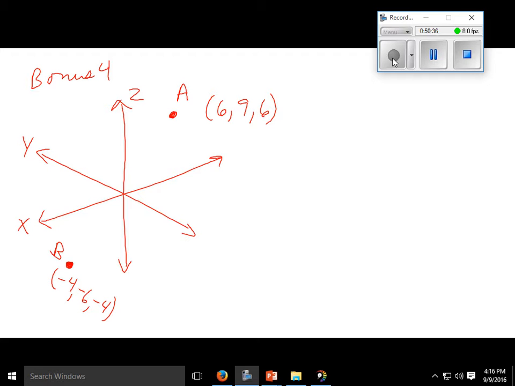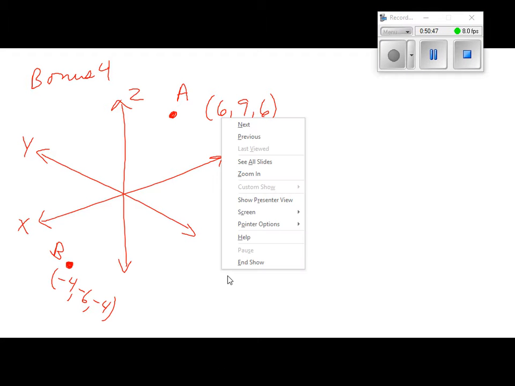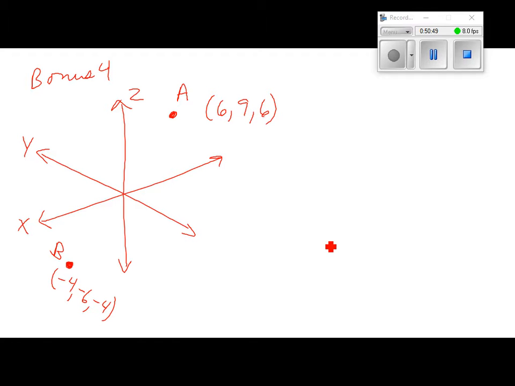All right, bonus number 4, a little tougher here. You got to be able to imagine this being 3-dimensional. If you're looking at your X and Y axes here, it's like a flat surface, and then the Z axis.